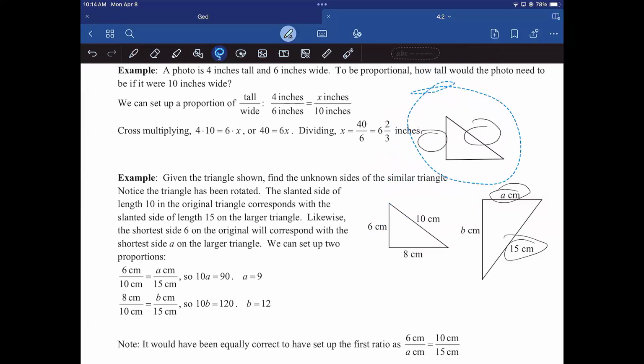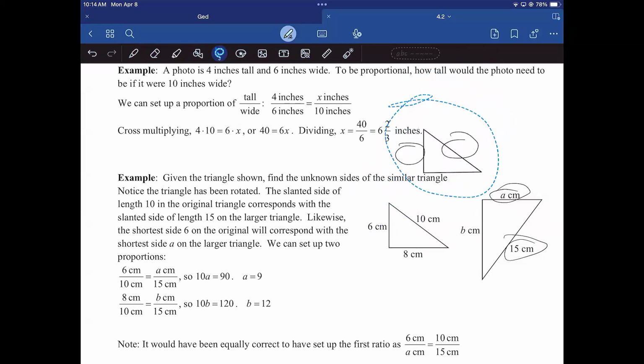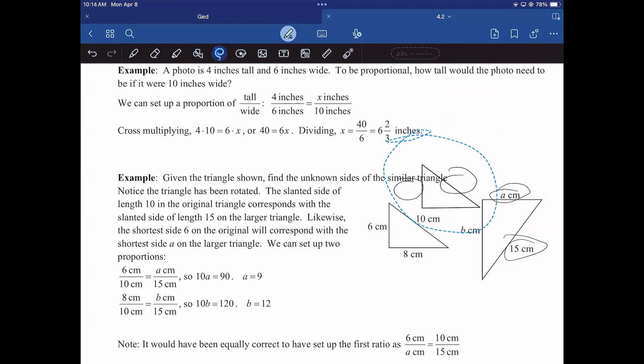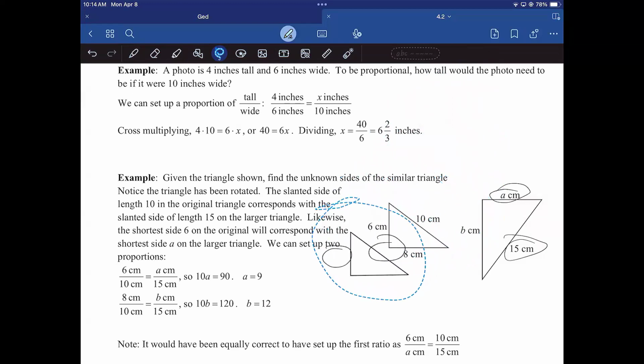Now let's see if it'll let me rotate this. The joys of technology and learning it. Oh, it's not letting me rotate it, so that's okay. But if I were to rotate it, that's how this side here becomes this side here. And that's how I'm getting those relationships. I'm lining it up based on that.